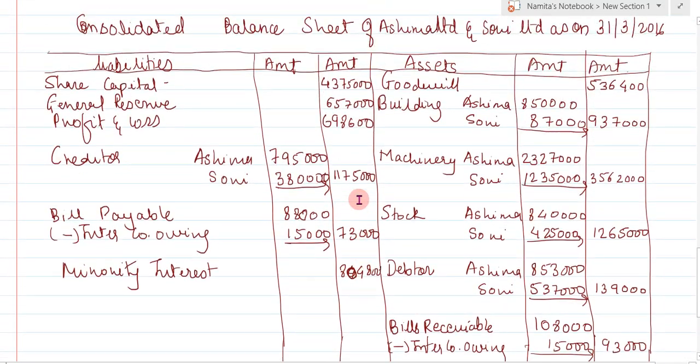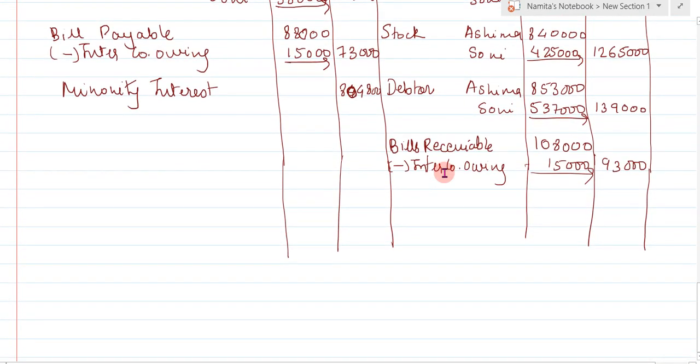sheet. Now what we have to do? We have to tally assets and liabilities. Okay, if assets and liabilities amounts are same, that means our answer is correct.